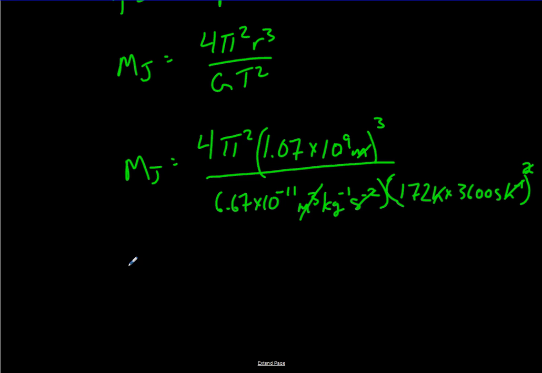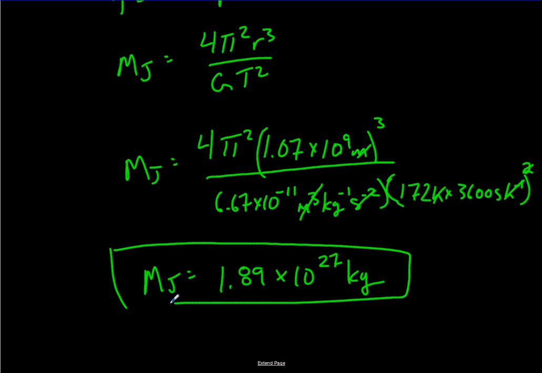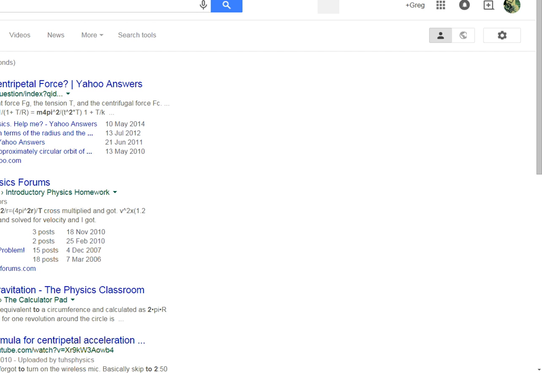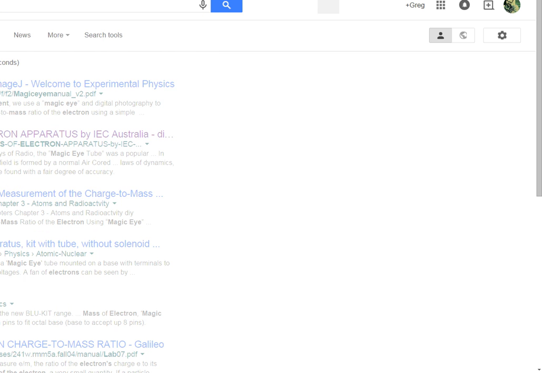So working this out, if we do our math right, my calculator tells me 1.89 times 10 to the 27 kilograms. And we'll Google it. I just want to make sure.